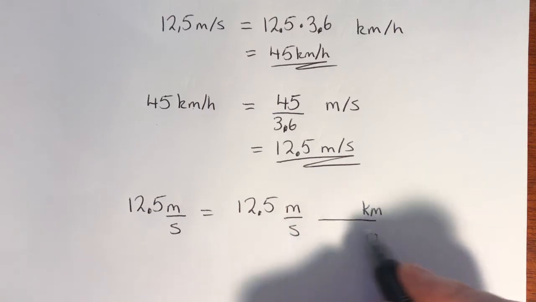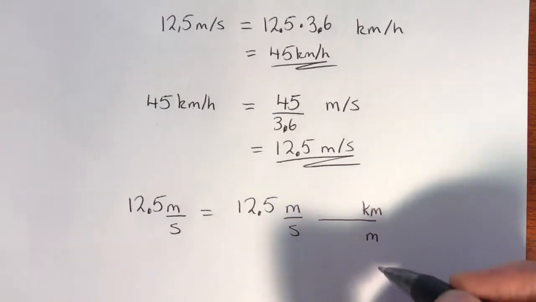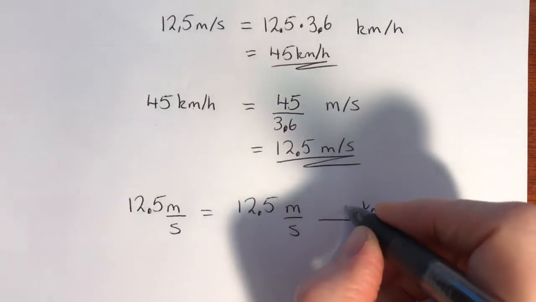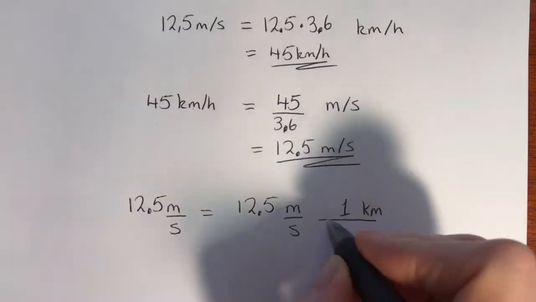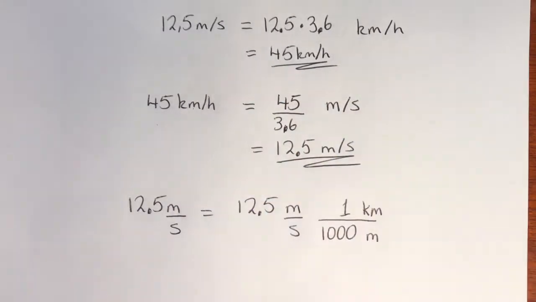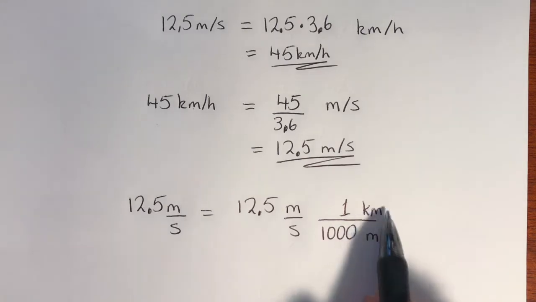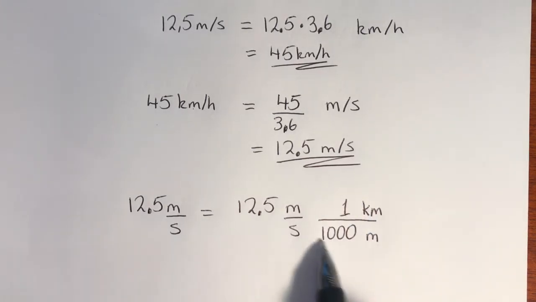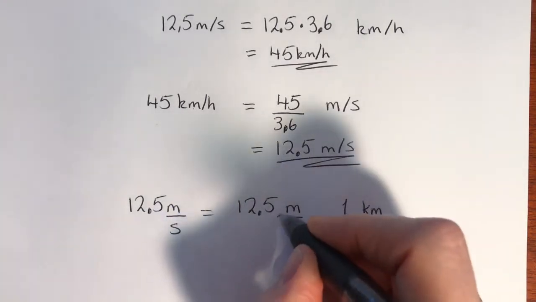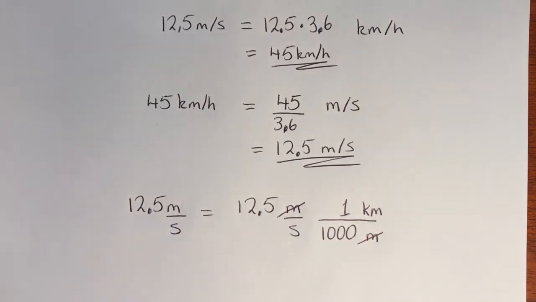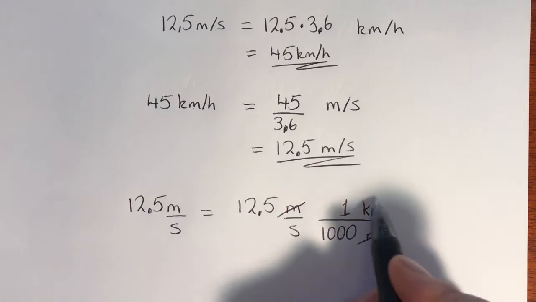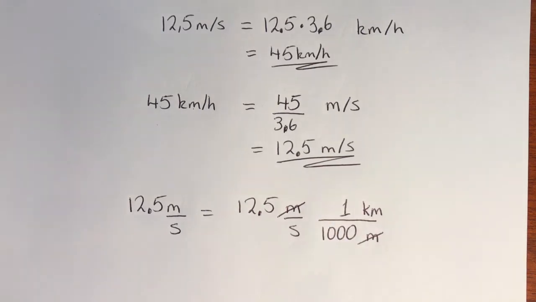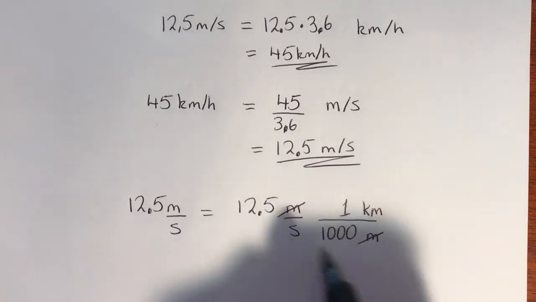How can we say that we're multiplying and dividing by the same thing? We know that 1 kilometer is the same as 1,000 meters. So we can multiply by 1 kilometer and divide by 1,000 meters, and we're able to cancel. Meter divided by meter is 1, and the unit that we have left is the one that we want, kilometer.